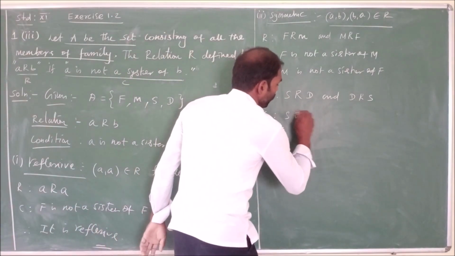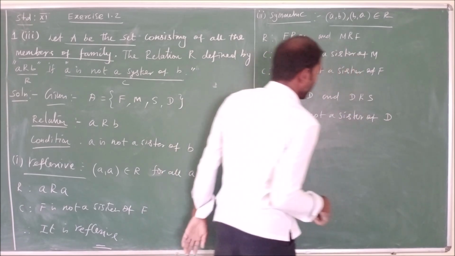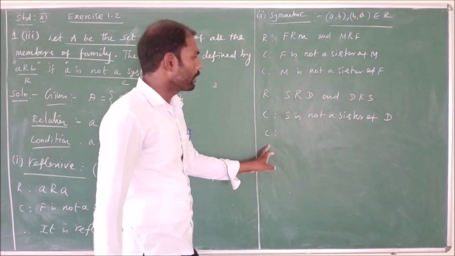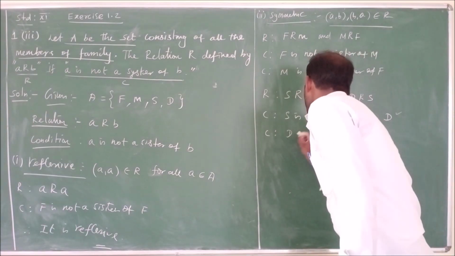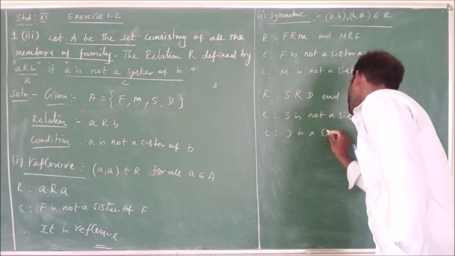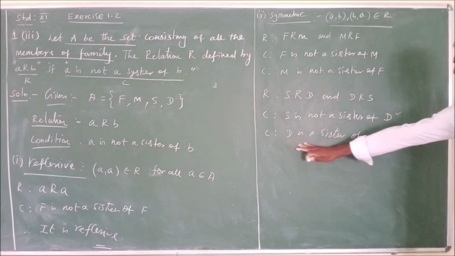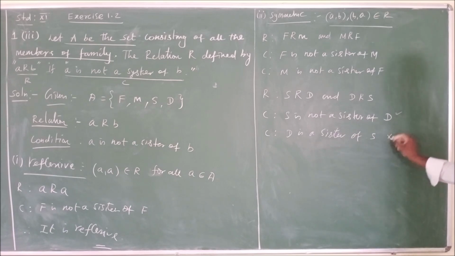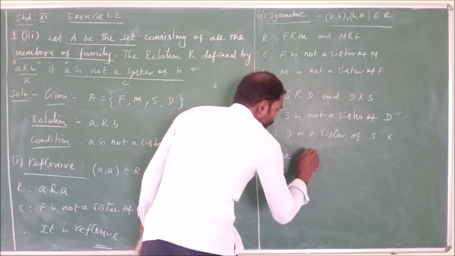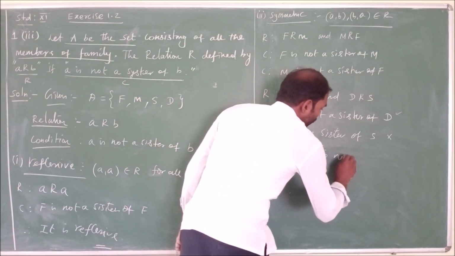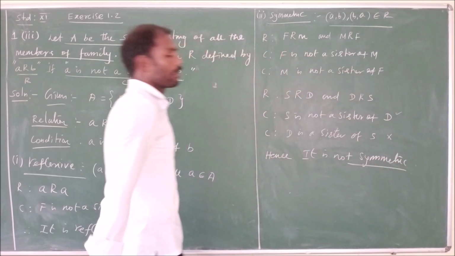The condition is satisfied. But daughter is a sister of son, and this condition is not satisfied. Hence it is not symmetric.